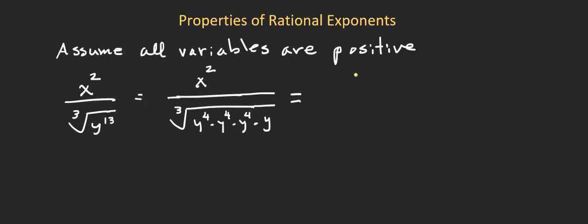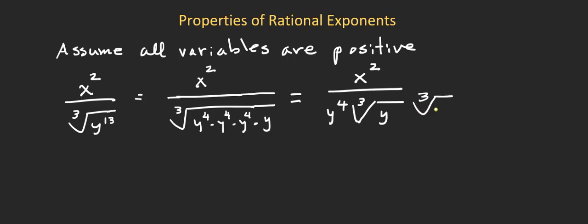Now, you end up getting x squared over y to the 4th comes out, cube root of y. But remember, we're not supposed to have a radical on the bottom. So how can we take out this y? Well, since the index is 3, we need 2 more y's. So you need to multiply by the cube root of y squared, both top and bottom.